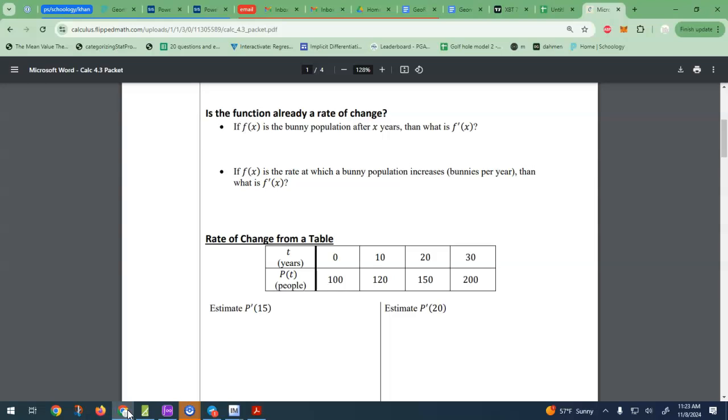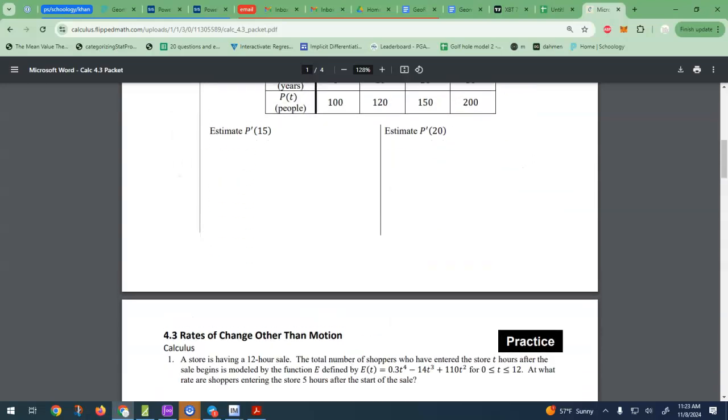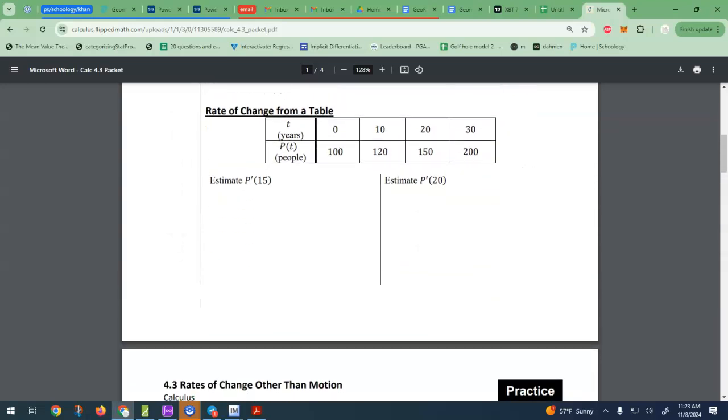Okay. Rate of change from a table. This is like an algebra 1 problem. Not totally, but it's p prime, so we're doing derivatives in calculus. But if these are the only 4 points we know, and I want to estimate the slope at 15, you just take the two closest ones that you have.